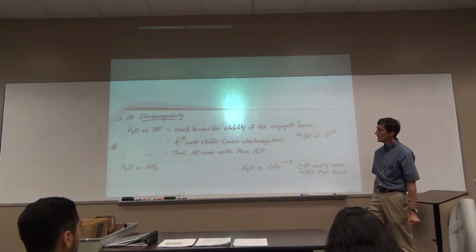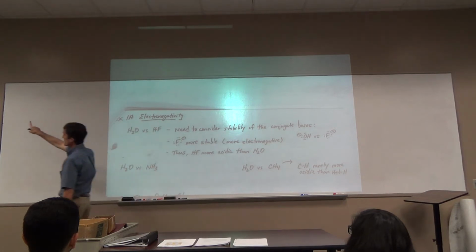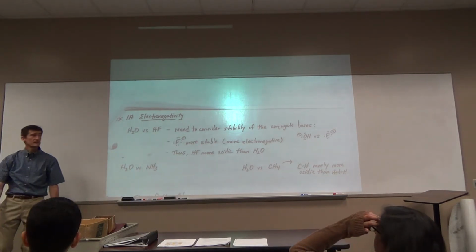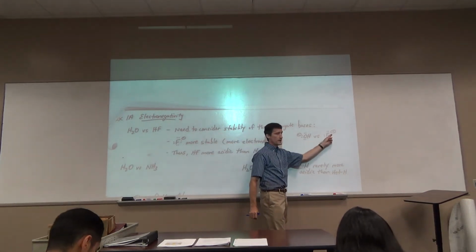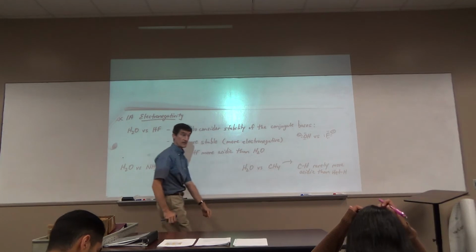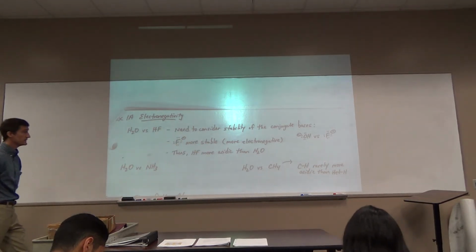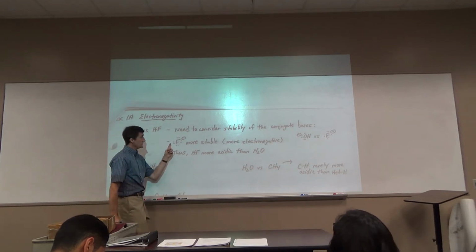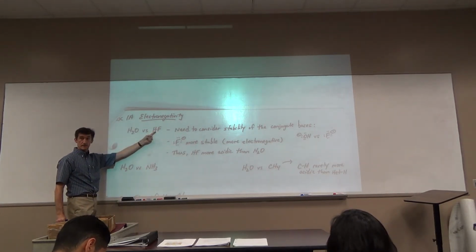Why? Because F is more electronegative than O. What does that mean? F can handle the negative charge better than oxygen can. It likes negative charges more. F minus is more stable. Since F minus is more stable, HF is more acidic.